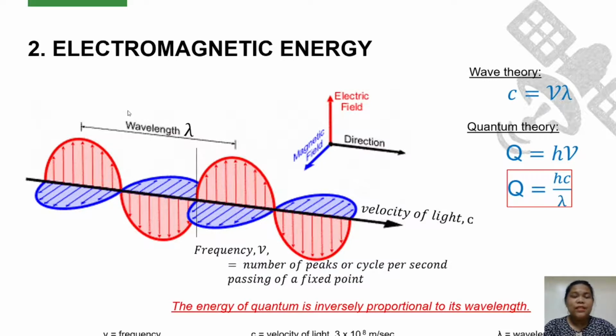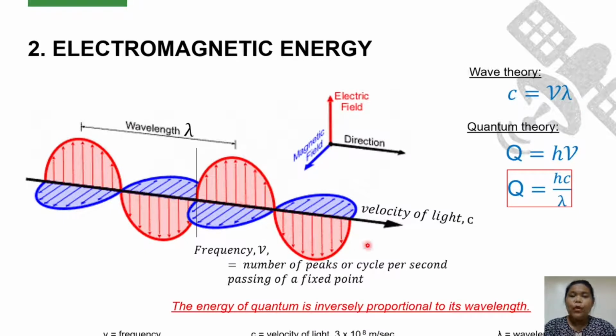We learned in physics that electromagnetic energy radiates or travels in accordance with the wave theory. That is, C equals V times lambda, wherein C is the velocity of light, V is the frequency, and lambda is the wavelength.